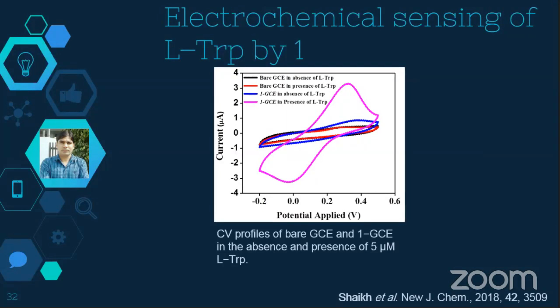Without coating with our copper complex, we took the bare glassy carbon electrode directly and used L-tryptophan in the solution. This is the cyclic voltammogram which was found, the black one, the very thinnest cycle.